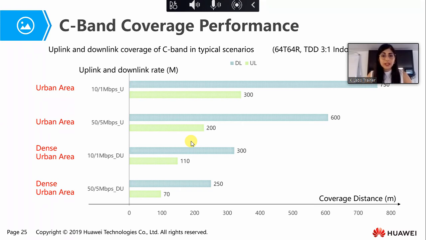So this is the downlink coverage and this is the uplink coverage. And we can see that the downlink coverage is always greater with respect to the uplink coverage. So we have an imbalance between these two coverages.